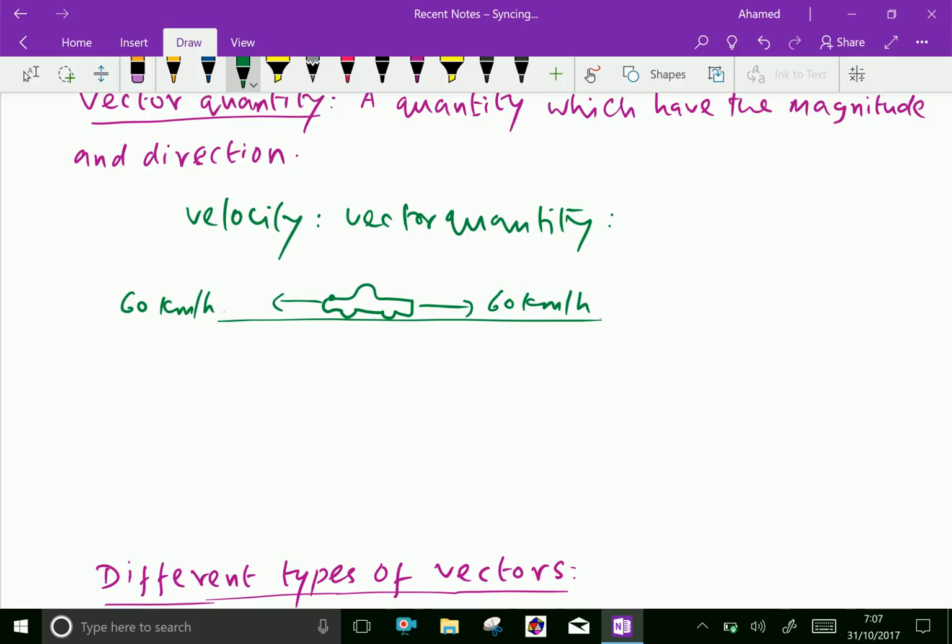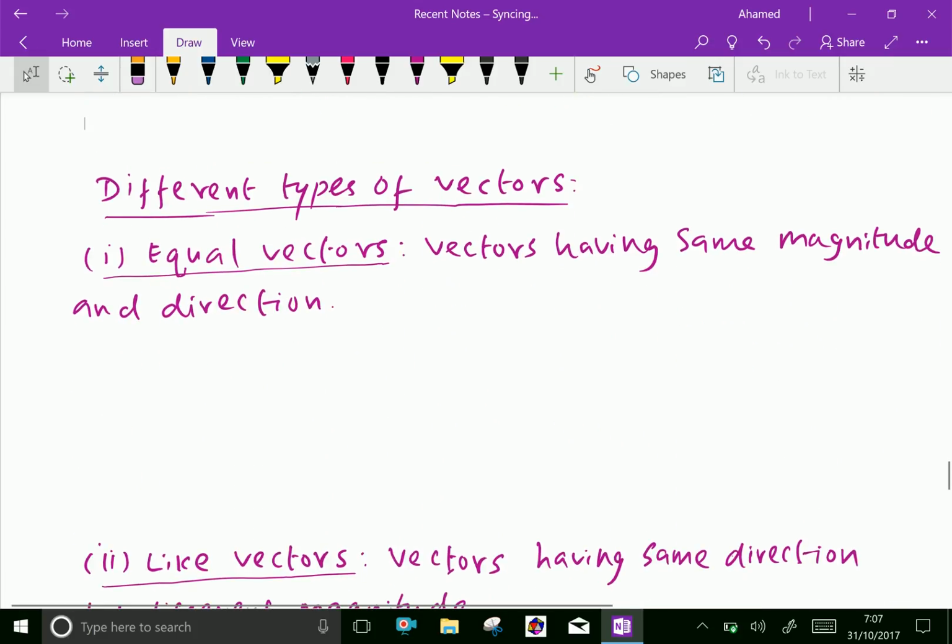So if you consider the speed with the direction, we consider it a vector quantity. Now the vector quantity has two parts together: the actual quantity, the speed, with the direction.